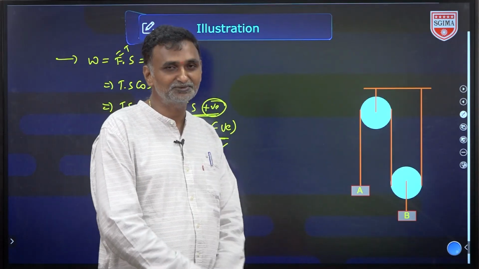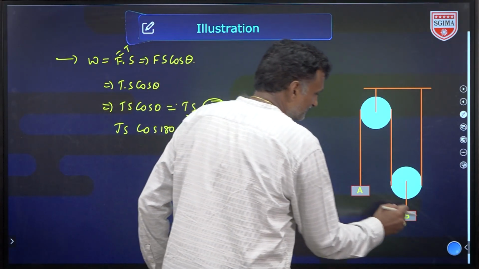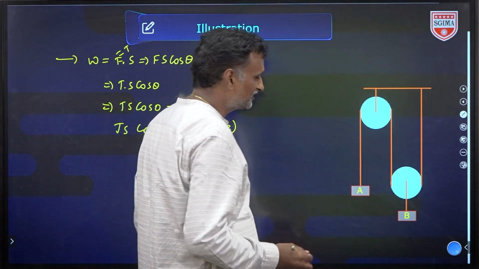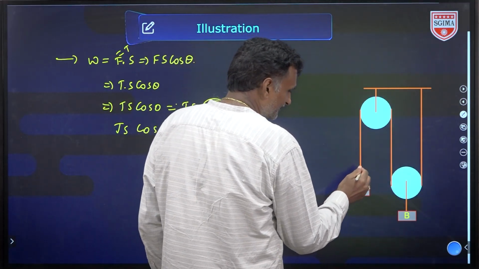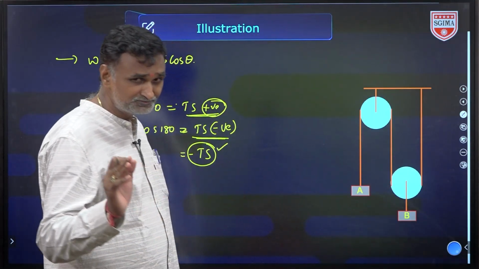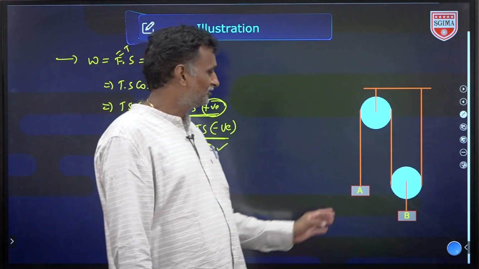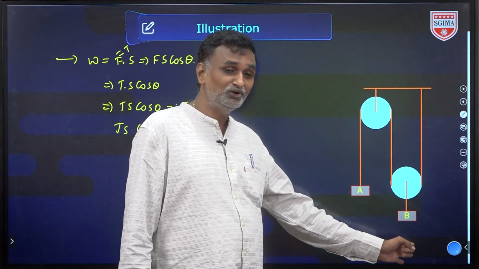Not pulleys, only blocks we can consider, okay. So how many blocks are there here? Two blocks. So the sum of work done by tension on these two blocks must be 0. That is clearly what we can take. Why? Because if one goes upward, the other goes the same distance downward.